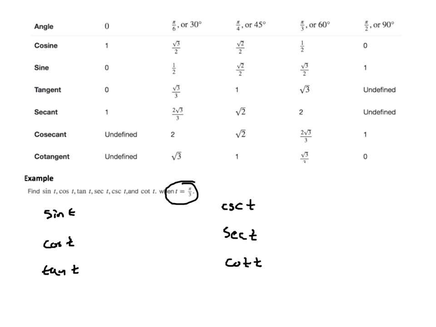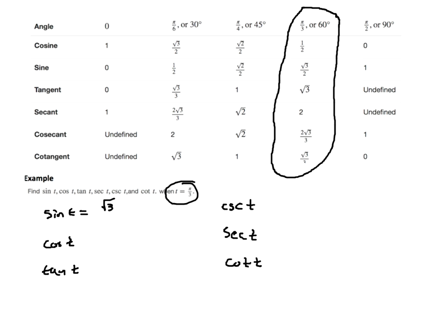So we're going to be looking in this column here. Okay, so the sine is square root 3 over 2. The cosine is 1/2. The tangent, square root 3. The cosecant is 2 square root 3 over 3. The secant is 2. And the cotangent is square root 3 over 3. Easy enough.